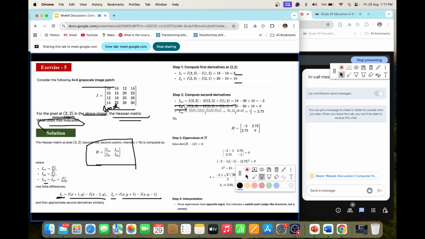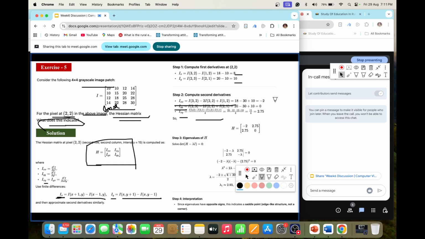Similarly, you can get Ixy, which you have to remember is given by Ix of x plus 1, y plus 1 minus Ix of x plus 1, y minus 1 minus Ix of x minus 1, y plus 1 plus Ix of x minus 1, y minus 1, divided by 4.